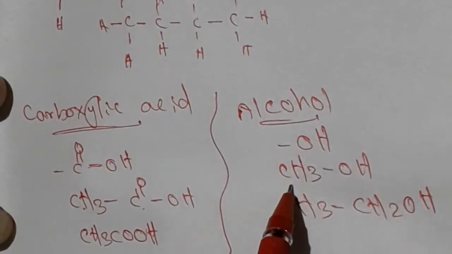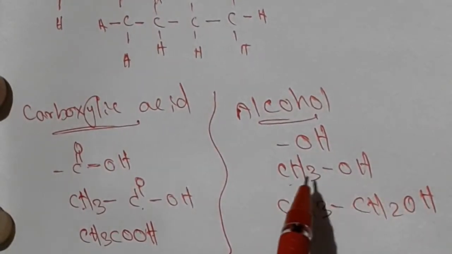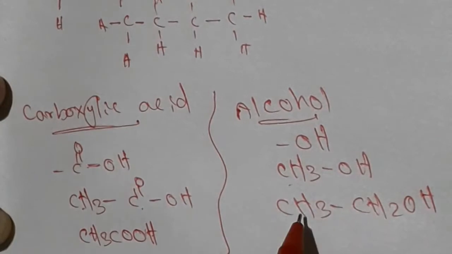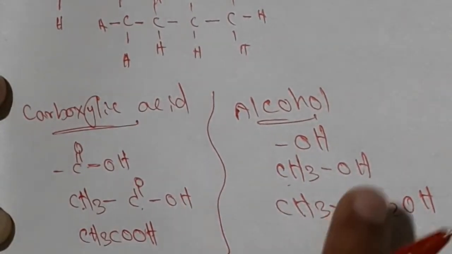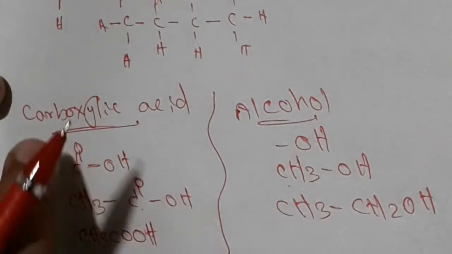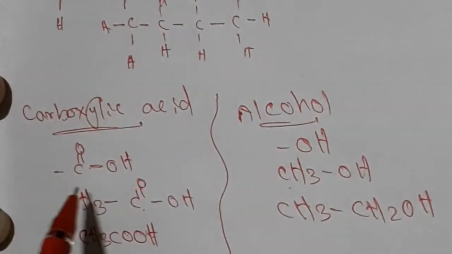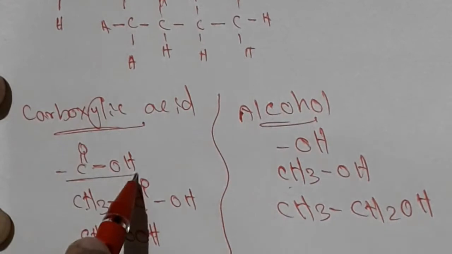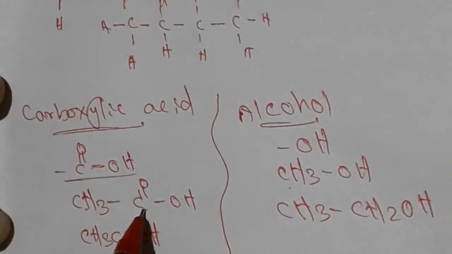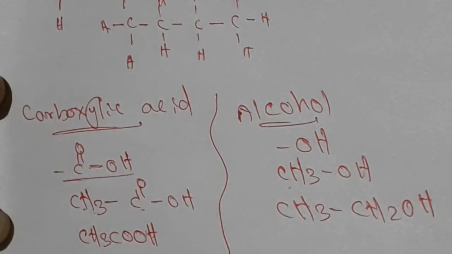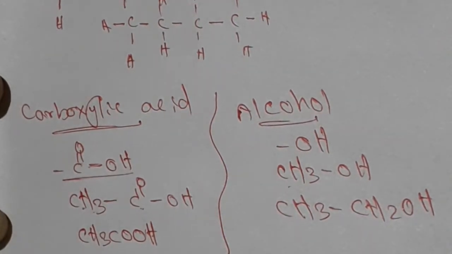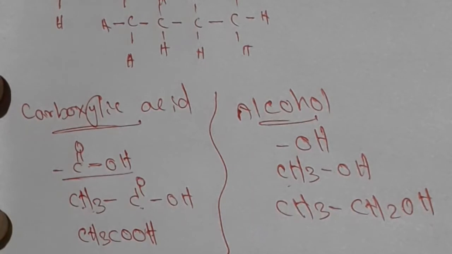Here 1 carbon and OH, it is methanol. Here 2 carbon and OH, it is ethanol. This is carboxylic acid. Carboxylic acid functional group is COOH. CH3COOH, it is ethanoic acid.